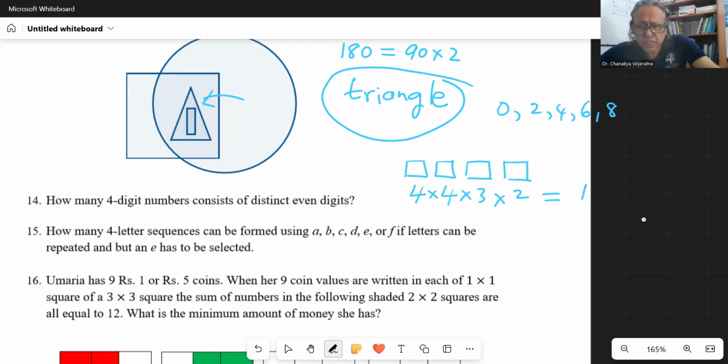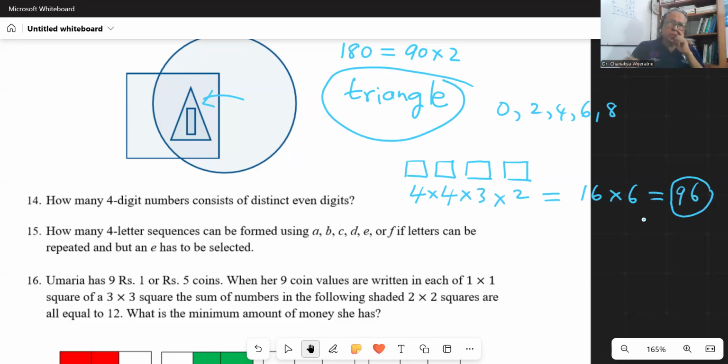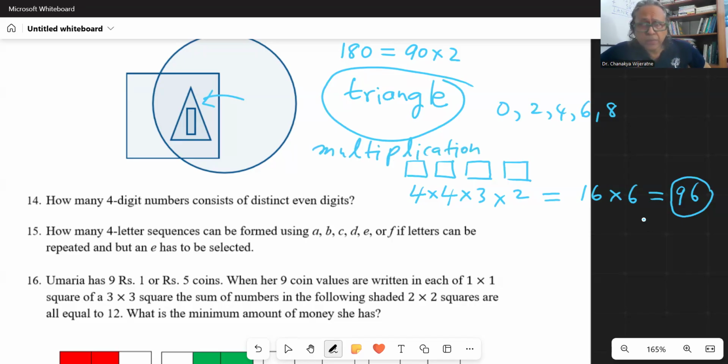So that is actually 16 times 6, which is 60 plus 36, 96. So 96 is the answer. Now, this is by the multiplication principle, which you should actually know. If you do not know, you can Google it up.